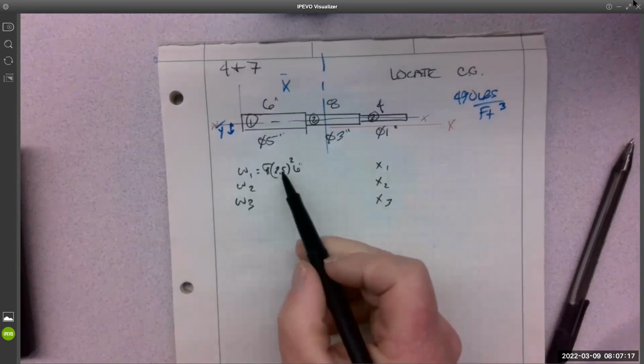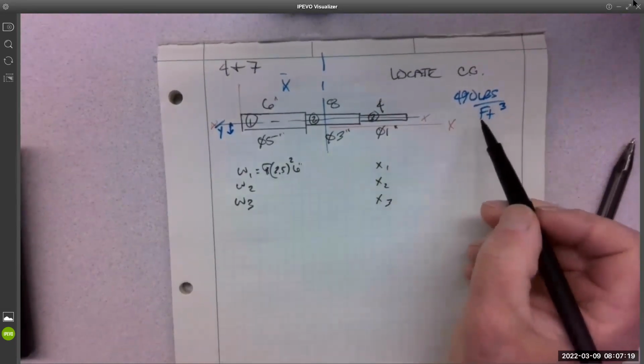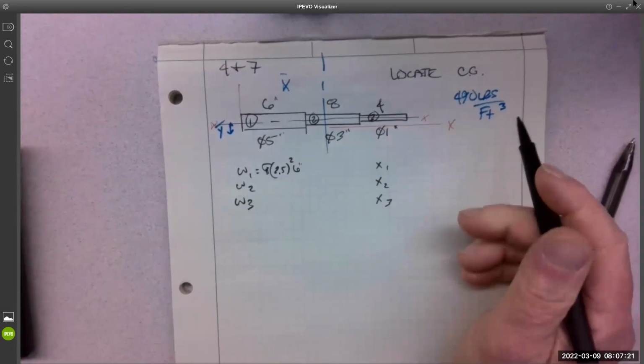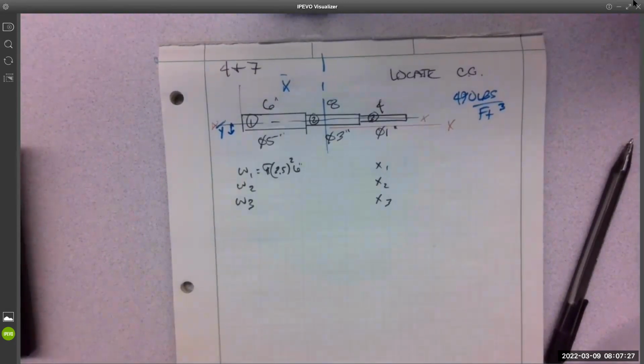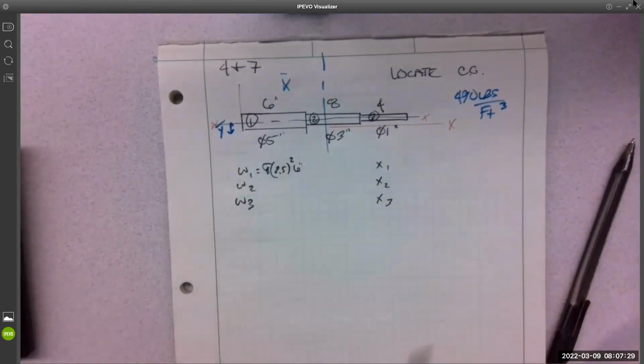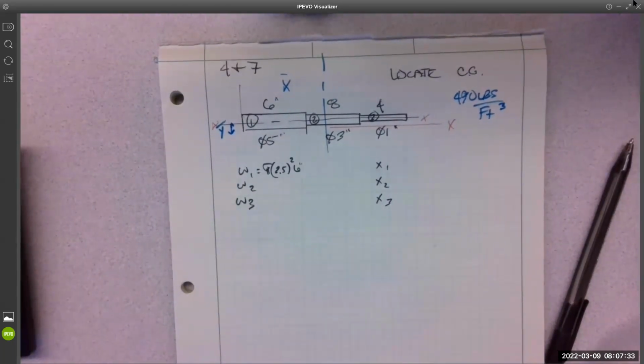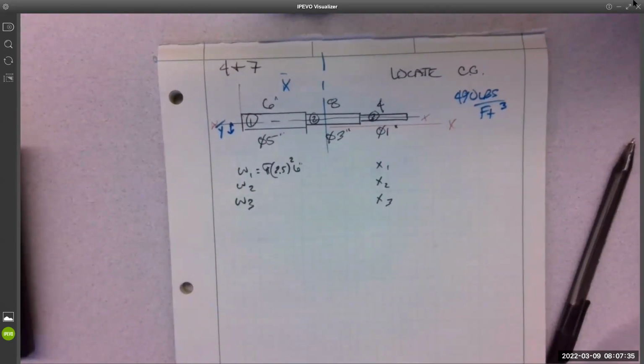So maybe you put these in with feet, or you convert this to inches cubed. Doesn't matter to me at all which one you do. So I would probably go with the conversion of inches to feet, and then at least the 490. If I wrote in inches, that's not optimal. I wasn't forward thinking very well.